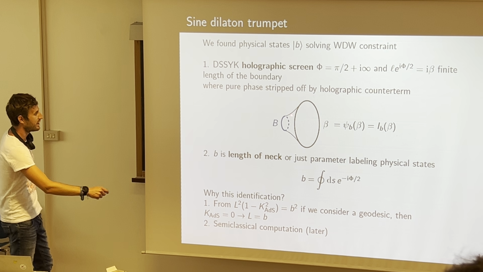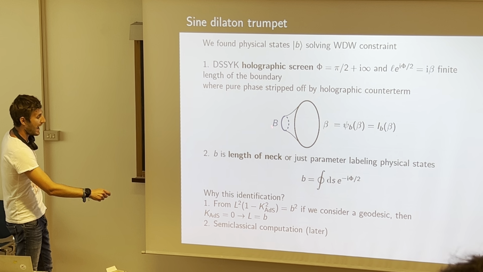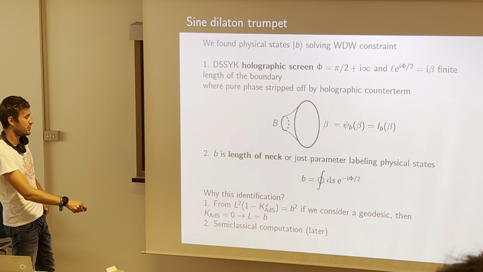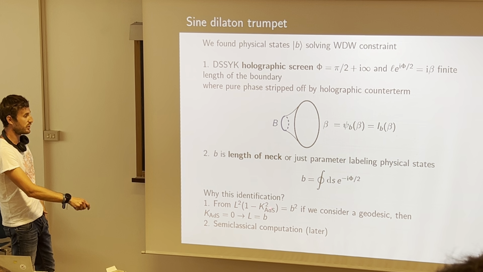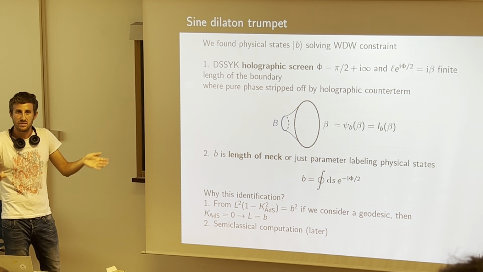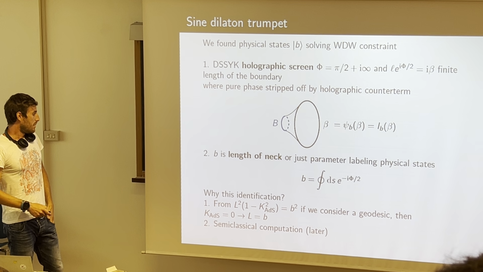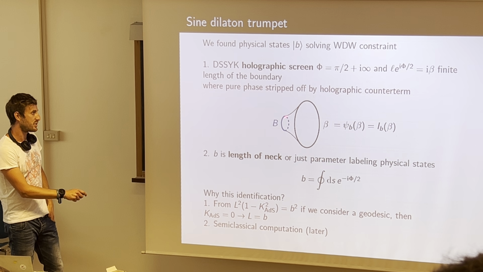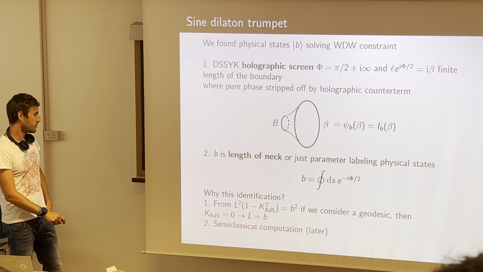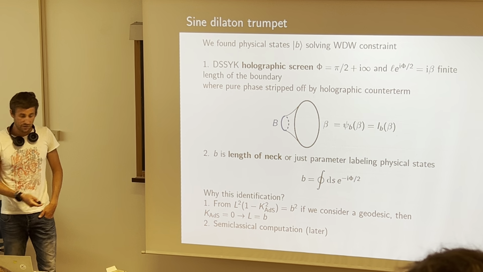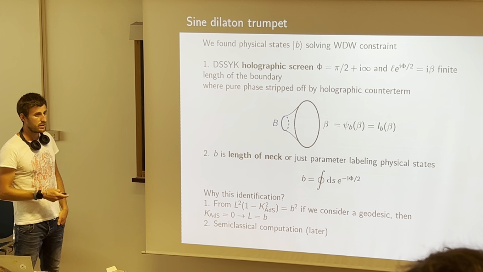So if we imagine starting with a slice here, then L is indeed given by B. And then the Wheeler-DeWitt equation is telling me how this state evolves as I change the extrinsic curvature from a geodesic to another type of curve. But this allows me to identify this B with the length of the neck of the trumpet here. And I can also do a semi-classical computation, if I have time later, where I can make this identification clear in another way.